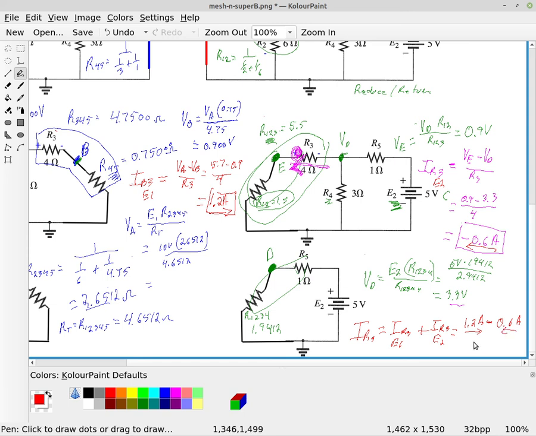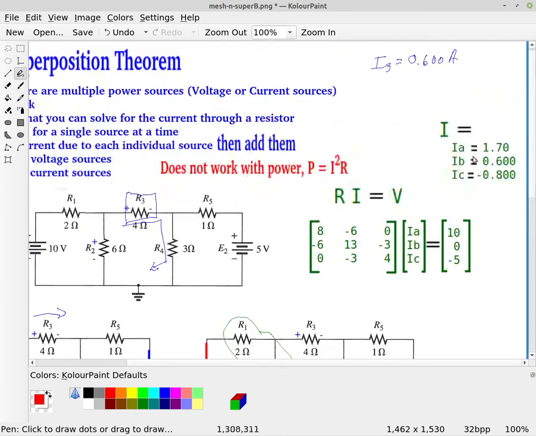And so of course the answer is 0.6 amperes left to right. If we go all the way back up, that's what we had found before: the current through R3 is going from left to right, and its magnitude is 0.6 amperes.